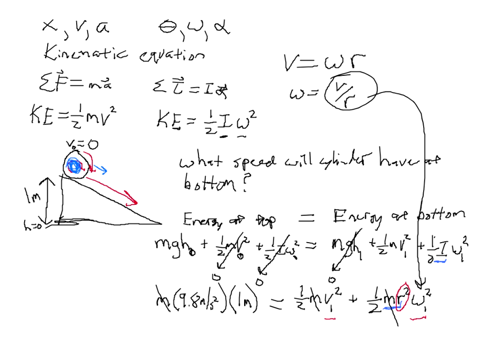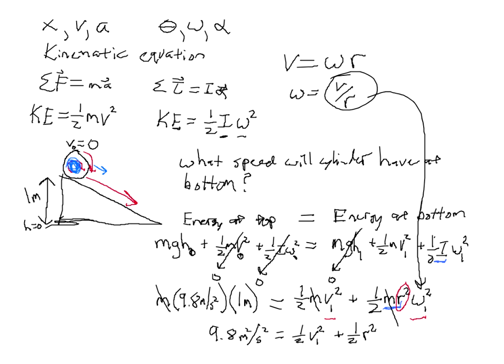All right, I'm going to go ahead and multiply the 9.8 times the 1. So that gives us 9.8 meters squared per second squared equals 1/2 v1 squared plus 1/2 r squared.